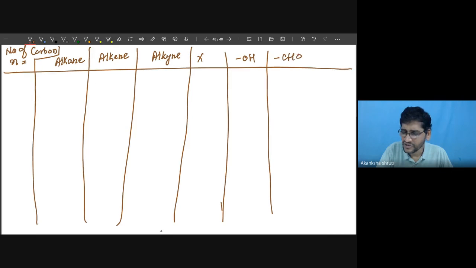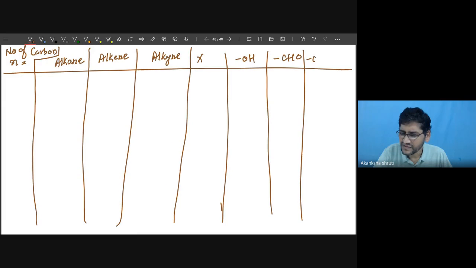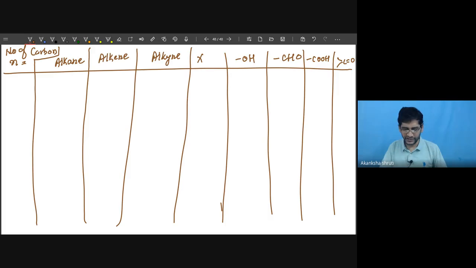Then CHO, then COOH, and then like this one. You make your paper in landscape mode, then you may write.